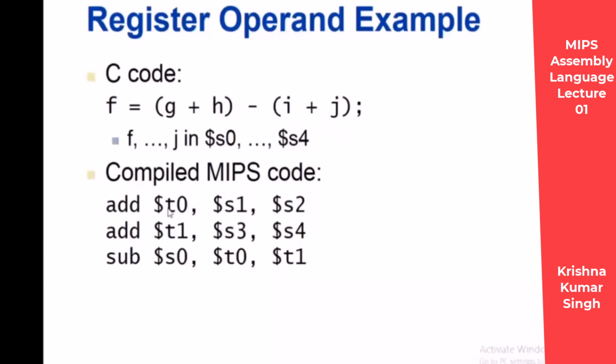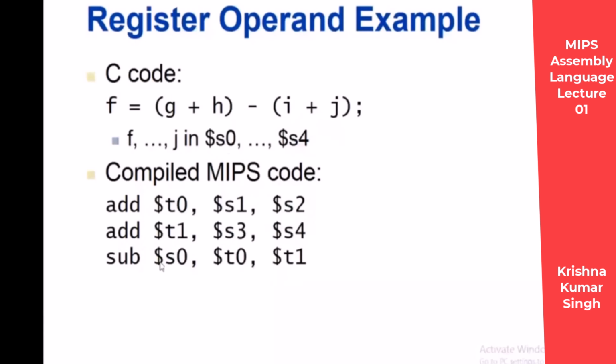We should read them first, and then the result will be stored in another temporary register. In this example, the result is in $t0. The other sum is computed by this line, and then these two results are subtracted from each other, and the result is stored in another register.